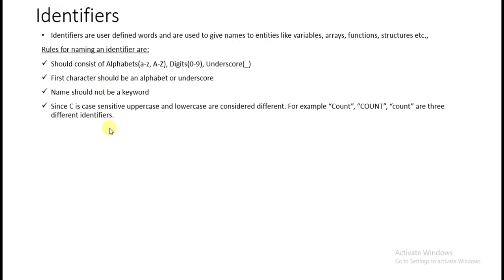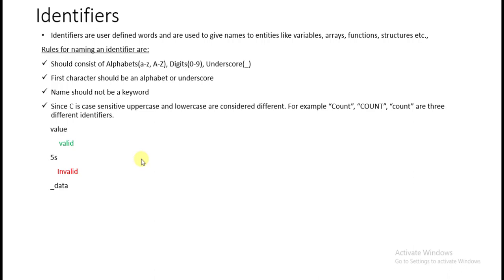Now let us guess whether the identifier displayed on screen is valid or not. So value, it is valid because it has all alphabets only. And 5S, is it valid? No, because identifier should start with an alphabet or with an underscore.